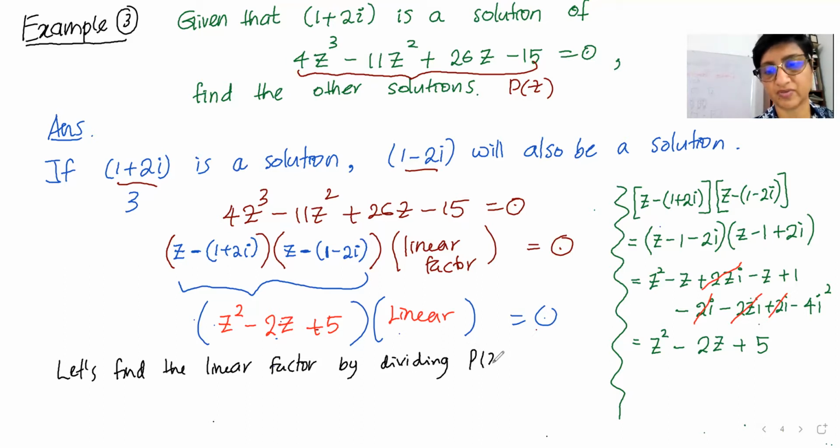I'm going to call this P of z, divided by the quadratic factor.